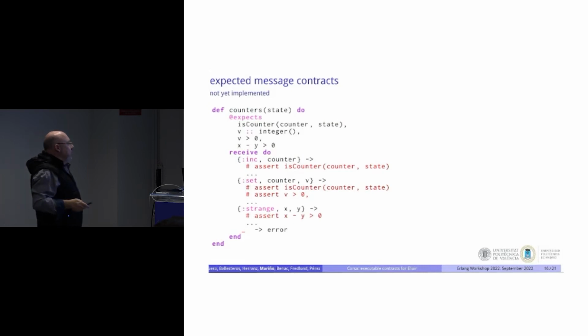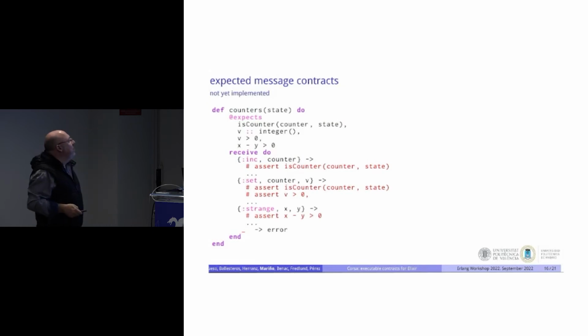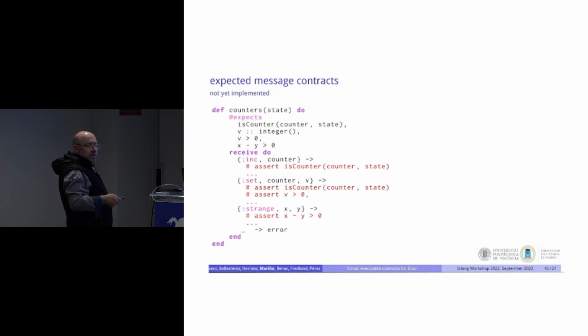So the idea is the following. We write an expects, a temporary name for the contract. So as to say, again, you write this before the receive, and you say, okay, I expect the following from the incoming data, right?